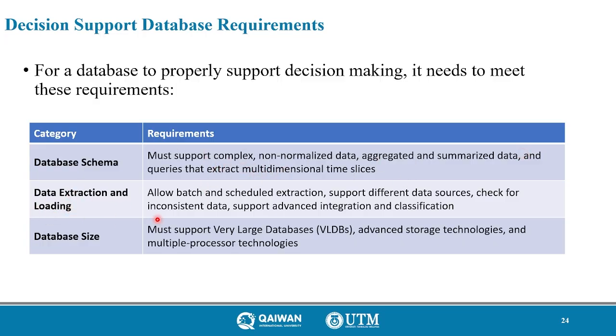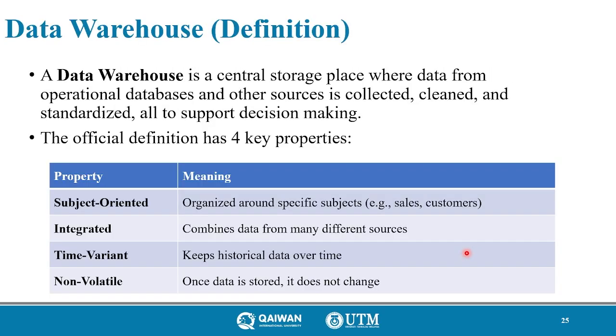Now, data extraction and loading allow batch and scheduled extraction, support different sources, check for inconsistent data, support advanced integration and classification. Now, database size must support very large databases, advanced storage technologies, and multiple processor technologies.